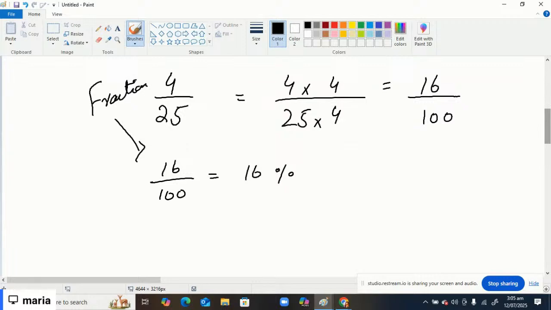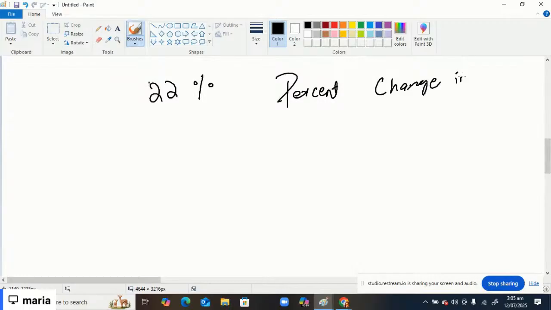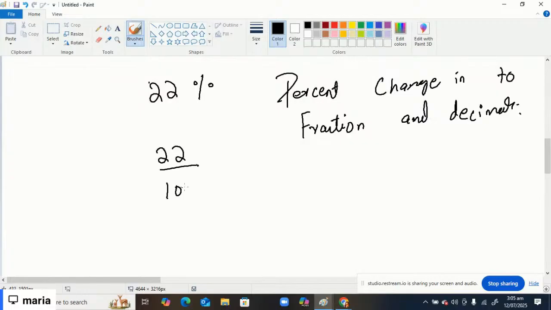So now, if a fraction can be changed into a percent, you solve it this way. Now here is the percent. I'm going to write down 22%. Now how to change this percent into a fraction and decimal? 22 by 100, this becomes the form of a fraction.